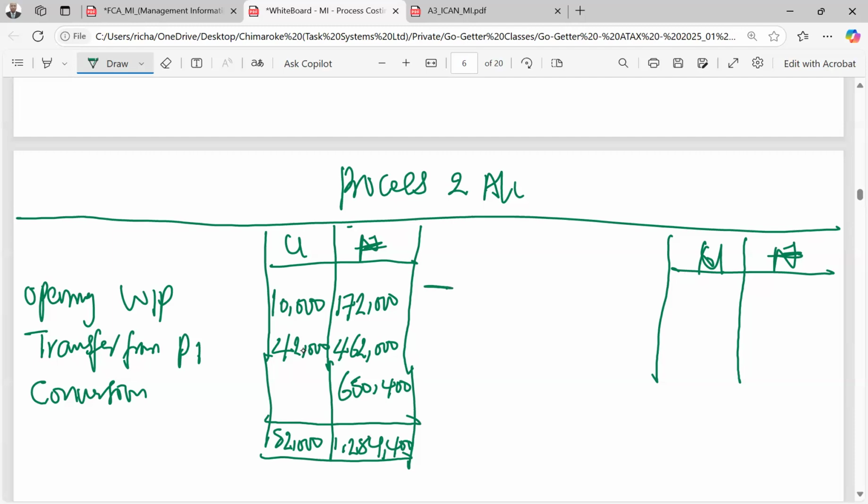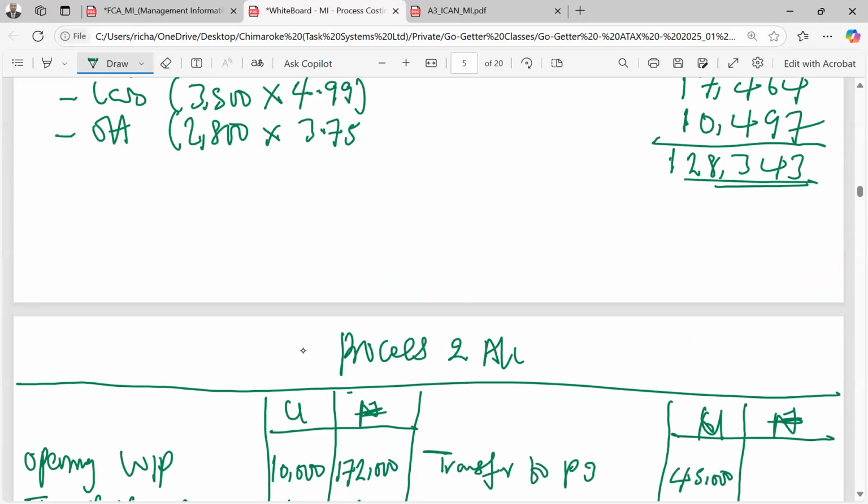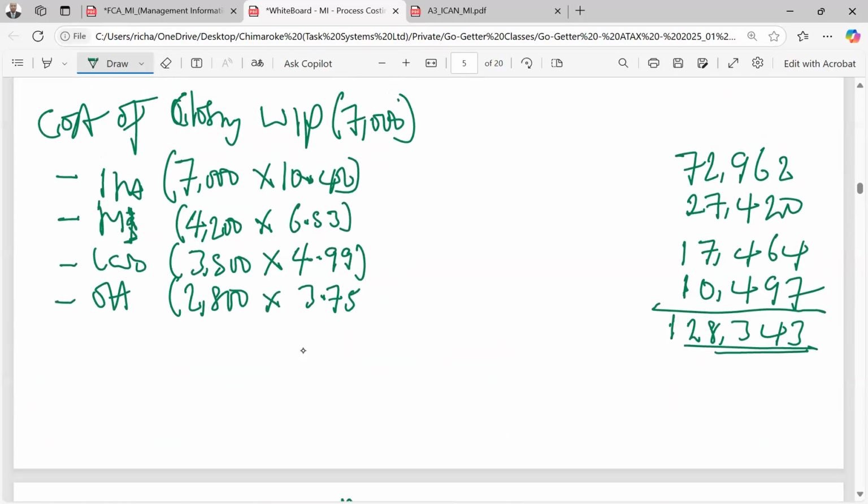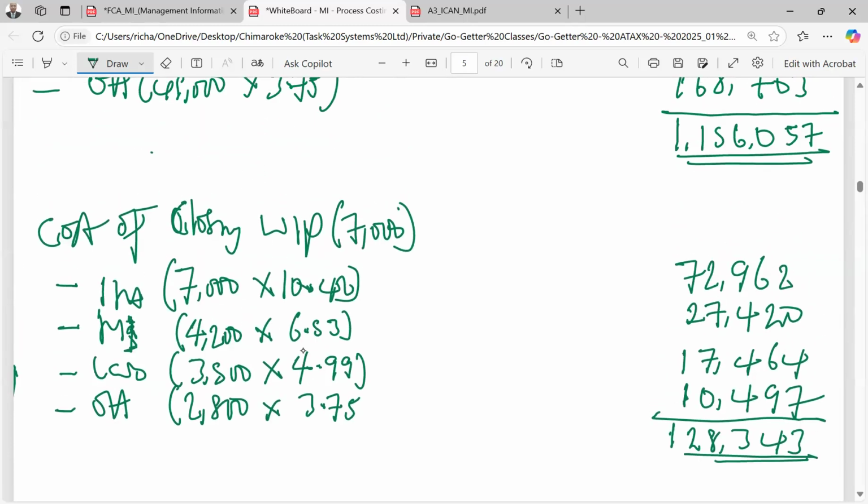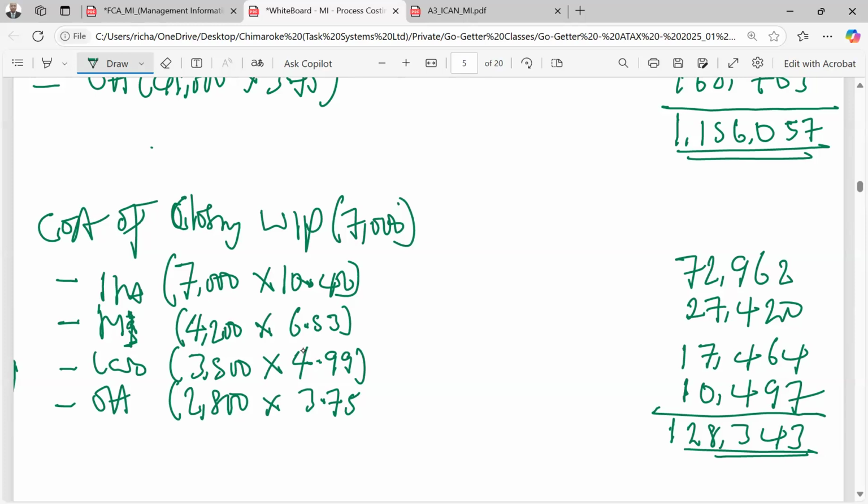So let's come back here. We have transfer to process 3. We said it was 45,000. And we have even valued it. We have valued it 1,156,057.